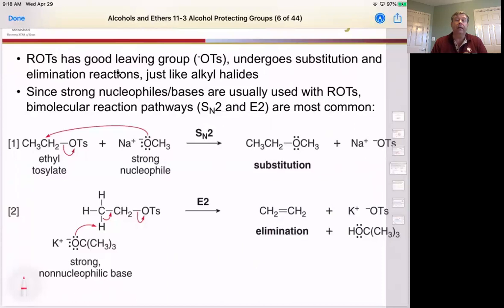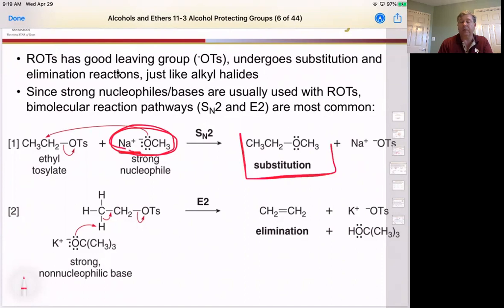Okay, now if we have a weak nucleophile or a good nucleophile that isn't a base, what we're going to end up with is an SN2 reaction and we get substitution. For example, in this case here, we're using the alkoxide as a strong nucleophile. It's a good base too, but it's small enough to be a good nucleophile, and therefore we go through SN2 substitution.